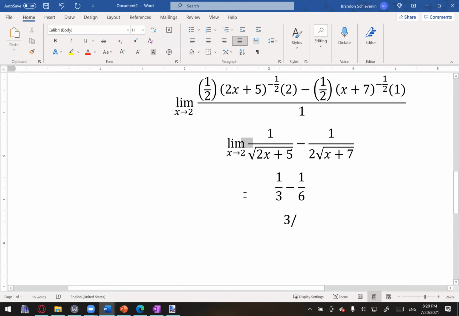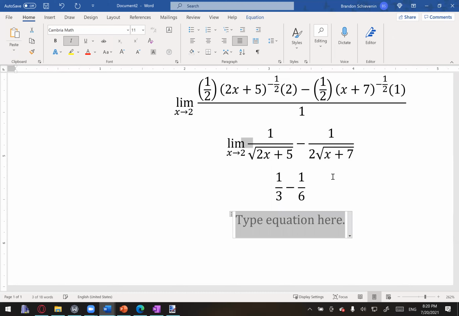If I want to get a common denominator, what is my common denominator? 6. 1/3 is how much over 6? 2 over 6. 1 over 6 already has our common denominator, so 2/6 minus 1/6 is 1/6.